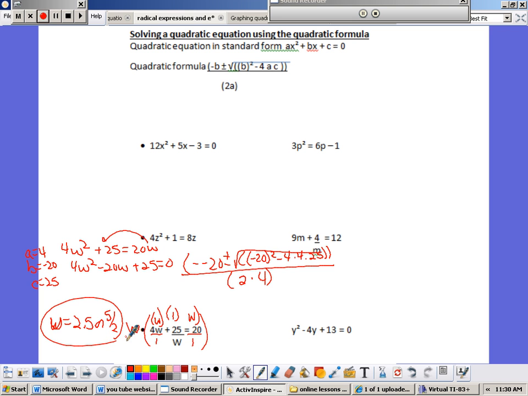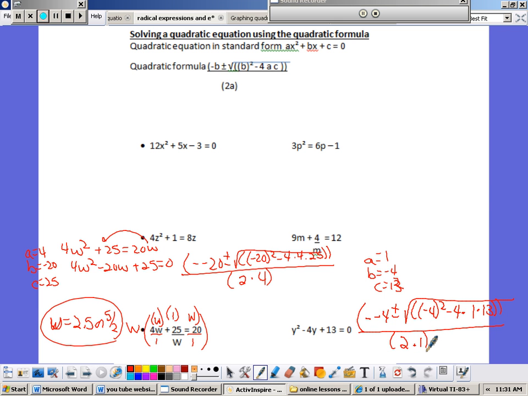Okay, A is 1, B is negative 4, C is 13. I said 12, but it's 13. Parentheses, negative 4 plus or minus the square root of negative 4 squared minus 4 times 1 times 13, all over 2 times 1.